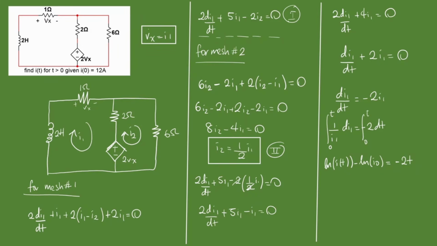So the trick from logarithms, you can make this a fraction. So ln of I of t over I naught is going to be equal to minus 2t. All right, remember how we simplify this? Make both sides exponents of e. So that's going to cancel the log. So you have I of t over I naught is going to equal e to the minus 2t.